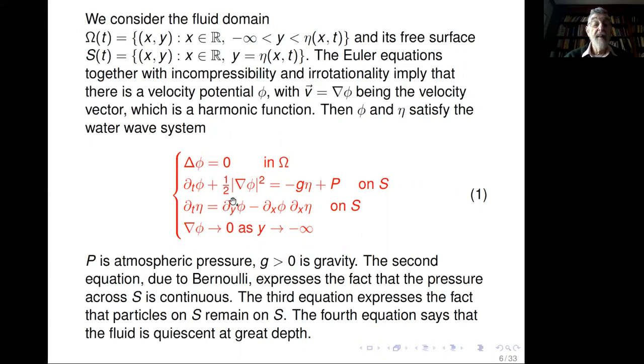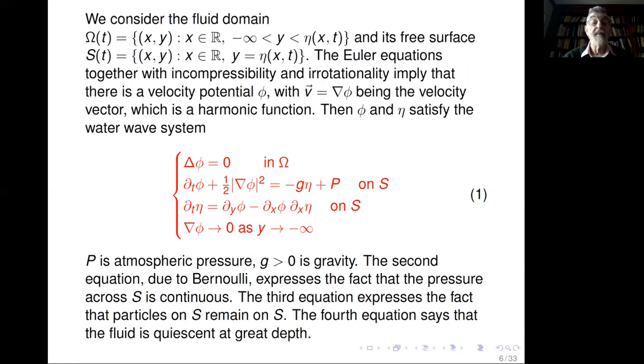And then the boundary conditions are these two. So this third one is just a statement that particles on the surface remain on the surface. And if you just write it down, you can see that. And the second one is the so-called Bernoulli relation, which comes from the Euler equations.